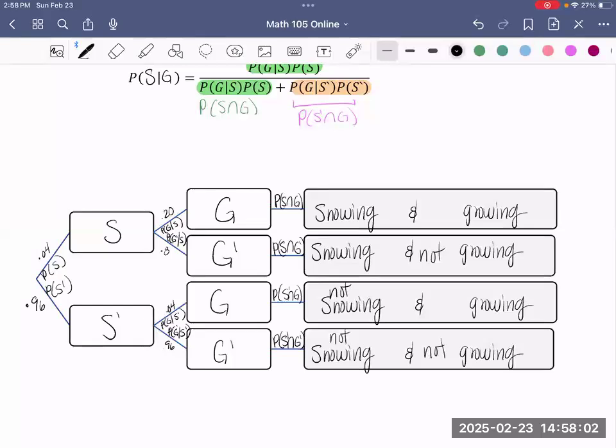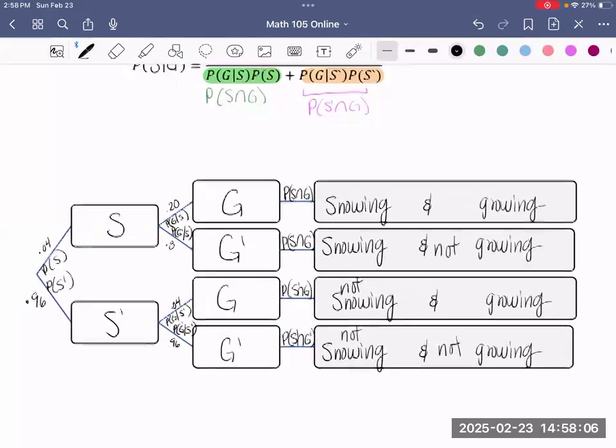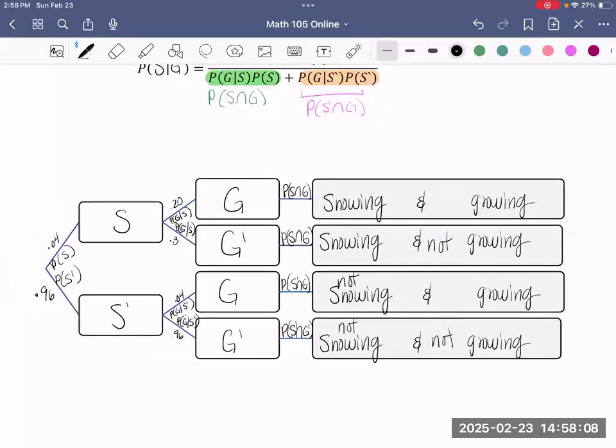Perfect. And keep in mind, what we end up doing is multiplying them together. So in the end, 0.04 times 0.20, 0.04 times 0.8, 0.96 times 0.04, 0.96 times 0.96.